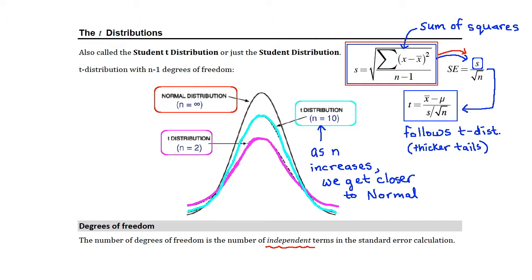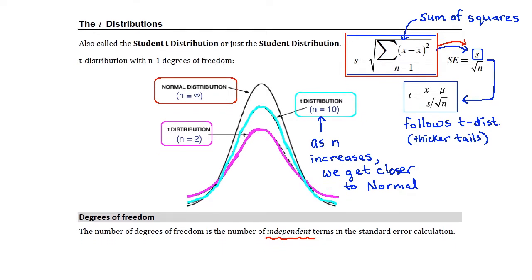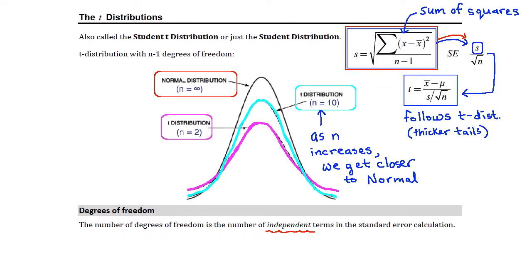We would add up n terms here because there would be one term for each value of x. We say there are only n minus 1 independent terms because if we know the mean and we know n minus 1 of those x values, we could theoretically back calculate the remaining one. Therefore, it is not fully independent.